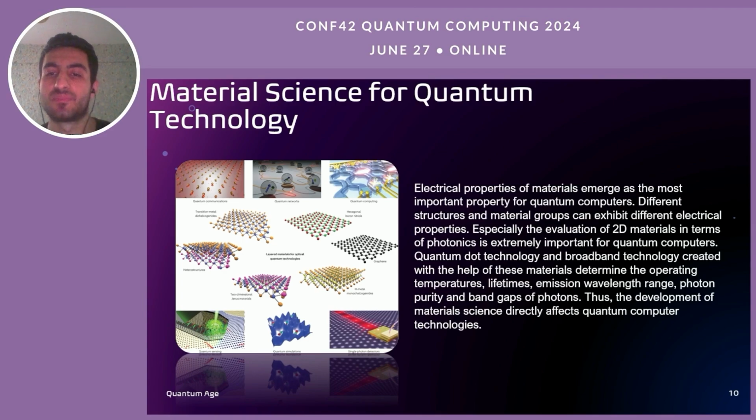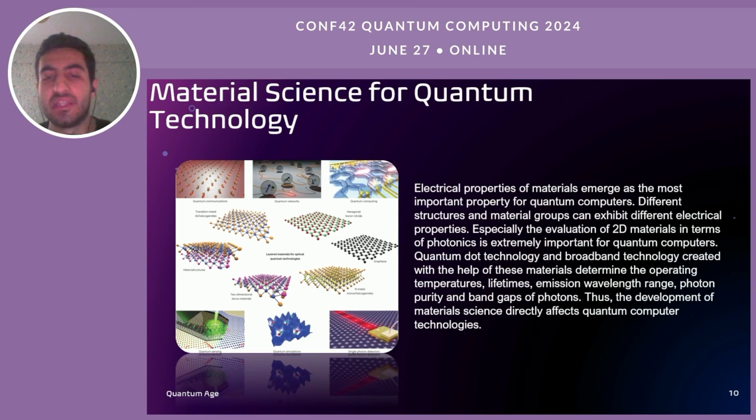The electrical properties is one of the most important parameters for the quantum computing technology, because you need to obtain good photons. The photonic properties is very important in the semiconductor materials. You need to design your materials, especially two-dimensional materials, to achieve more and more stable photons.